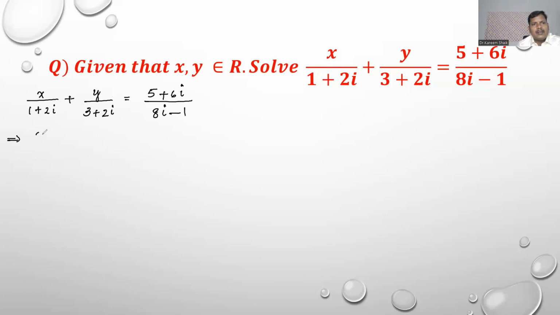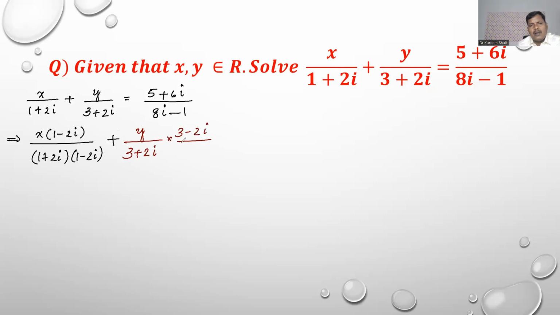Observe very carefully. x into (1 minus 2 iota) upon (1 plus 2 iota) into (1 minus 2 iota). That means I rationalize the first fraction with the conjugate of its denominator, plus similarly for the second one, y upon 3 plus 2 iota, you multiply by 3 minus 2 iota upon 3 minus 2 iota.